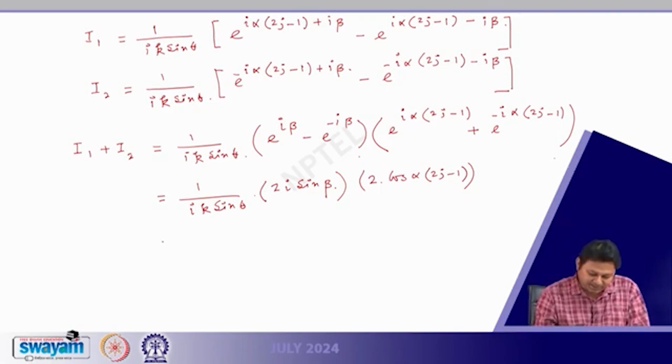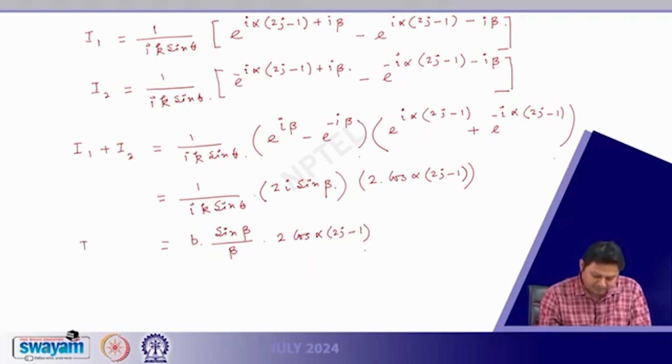Again, this I can cancel, this 2 I can put like k by 2 and 1 b multiplier I can do, and I can write it as b sine of beta divided by beta to get this sine beta divided by beta form, and rest of the term is 2 cos of alpha (2j minus 1), and that is my I1 plus I2.